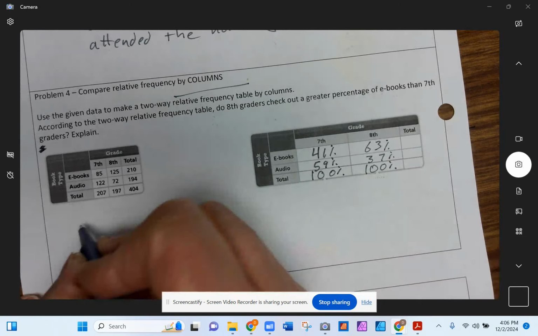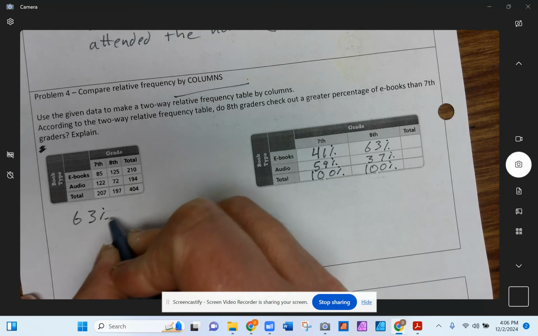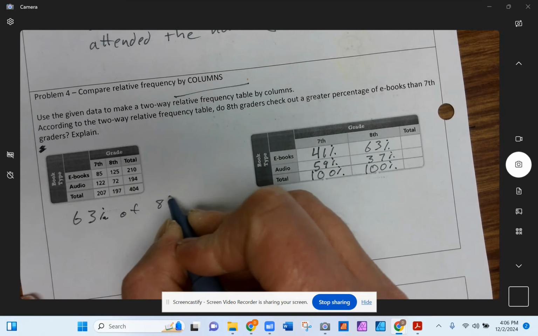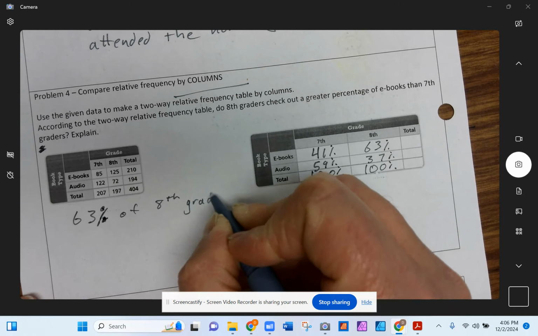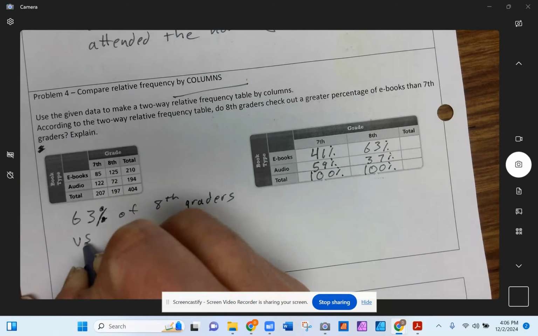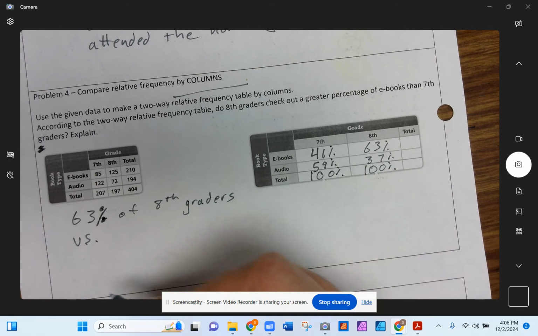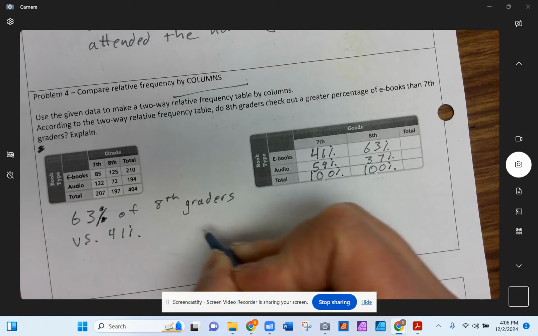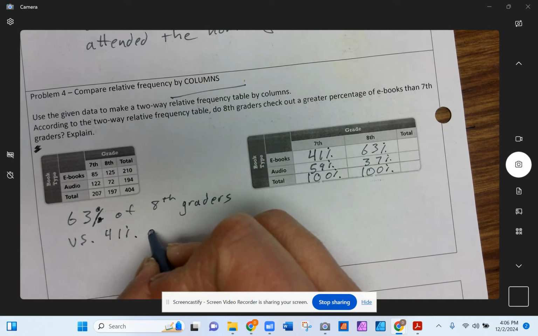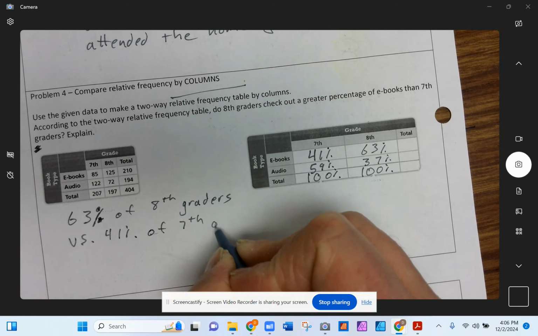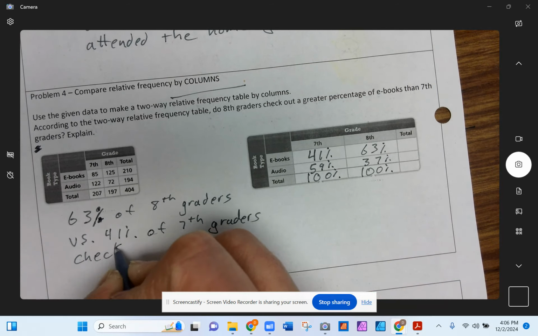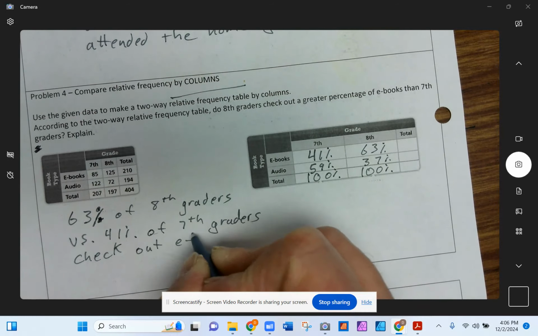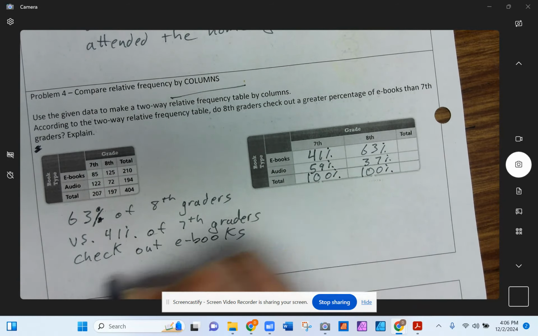So we'll say 63% of 8th graders versus 41% of 7th graders check out ebooks as opposed to audiobooks.